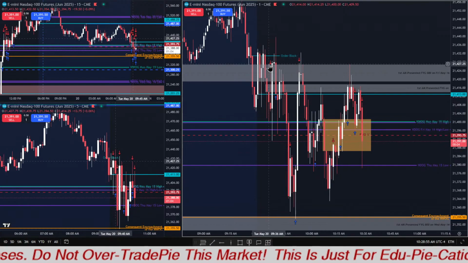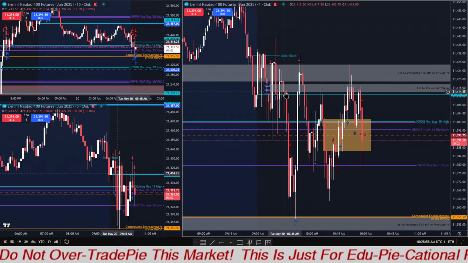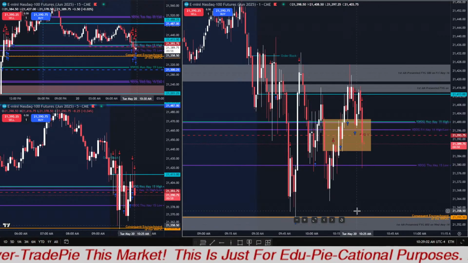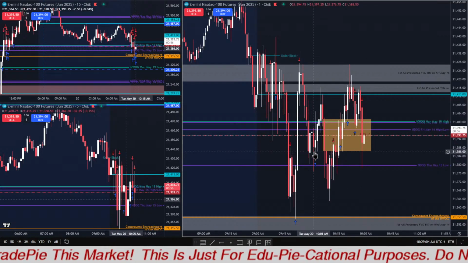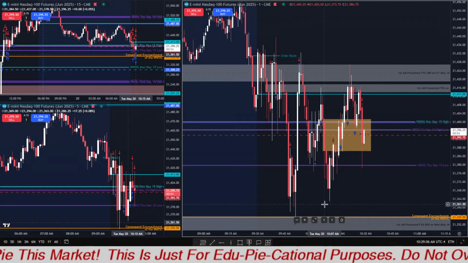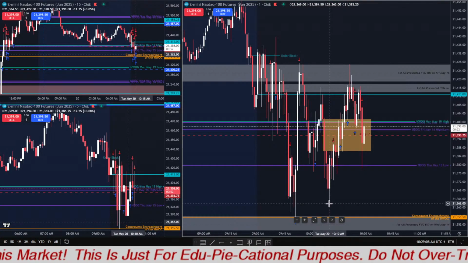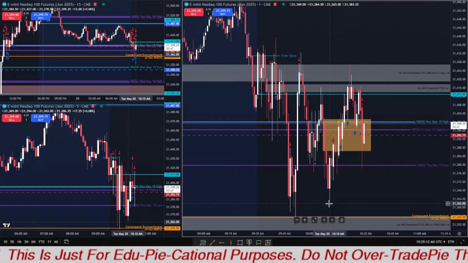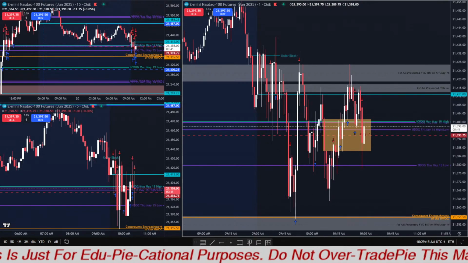The best delivery was from this first presented fair value gap over here to this consequent encroachment. And the second time I was expecting it to reach my target but it didn't. So, the market is tiresome.